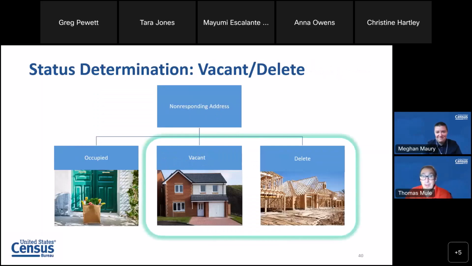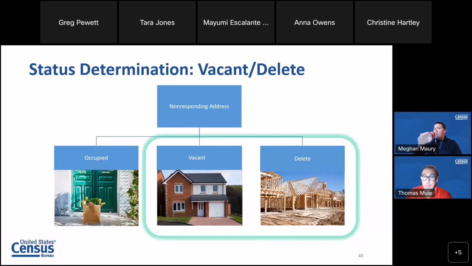So first, we're going to start off with the first bucket. During the 2020 census, when we had non-responding addresses, the Census Bureau needed to determine whether the address met one of 3 categories. First of all, was it occupied? Was it an address where people were living there? What was the roster and what were the characteristics?